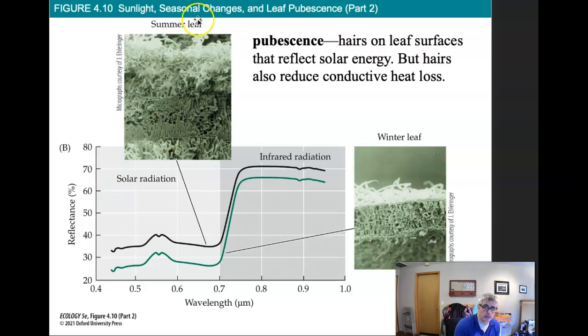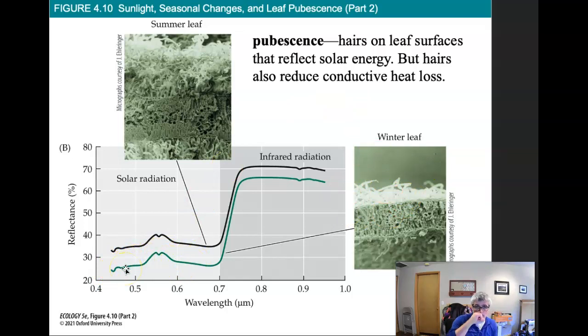And so here, for the summer leaf, across the spectrum of solar radiation and infrared radiation, there's a higher reflectance, meaning for a certain amount of energy going in, the summer leaf is able to reflect more of that energy back out, which conversely equals absorbing less of that energy. During the winter, the leaf has less pubescence and it absorbs more of that energy.